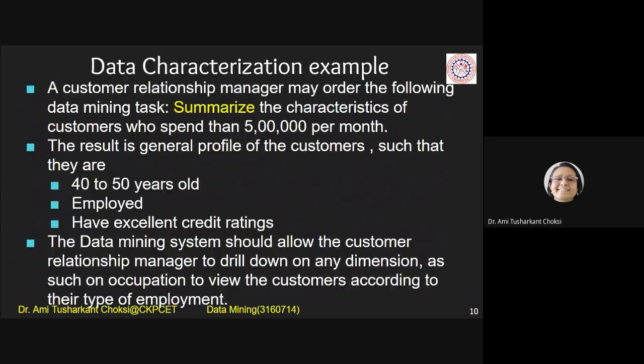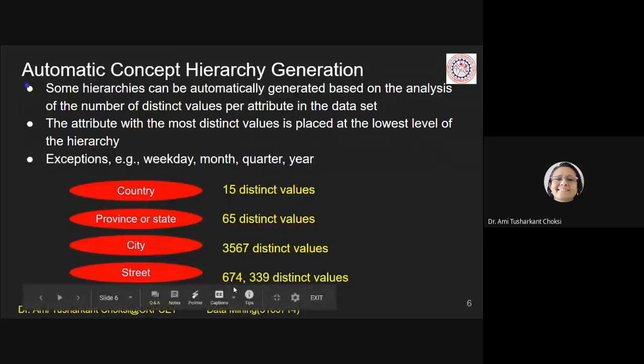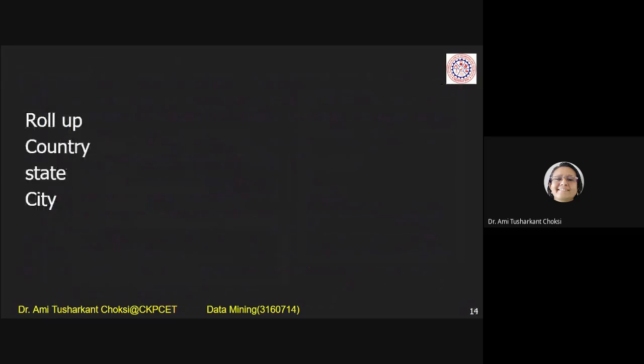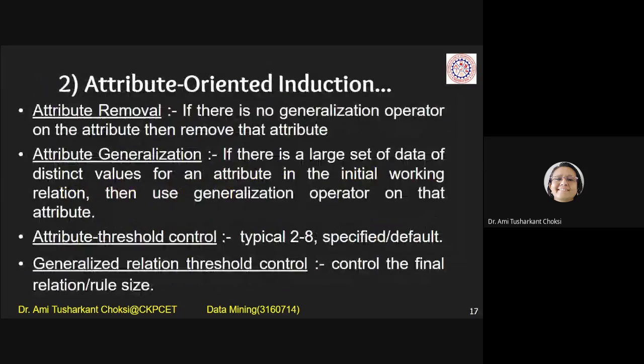Here you can see that these many distinct values are there for street, these many for city, these many for state, for country, right? So you remember that, isn't it? So wherever we are having such a large set of distinct values, there we apply the generalization operator. Okay.